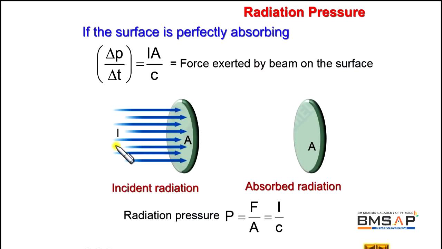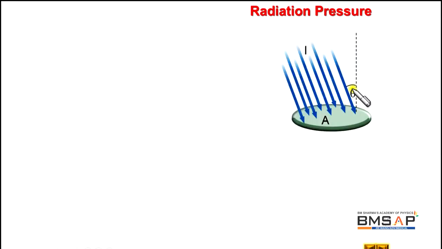Now, let us analyze the case when radiation is incident on the surface at a certain angle. You can observe here the radiation is incident on the surface at angle theta. That means the direction of the radiation is making angle theta with the normal to the surface. Here we know the power incident on the surface is equal to IA cos theta.